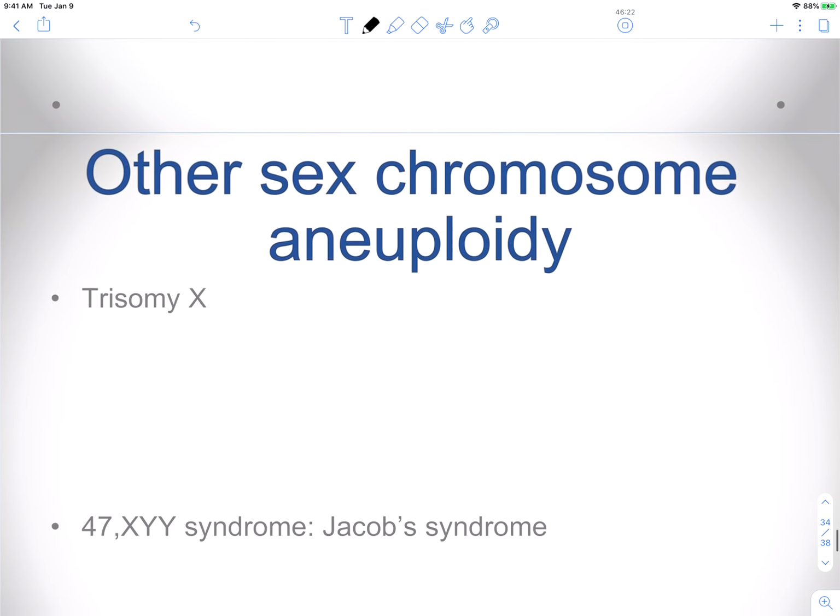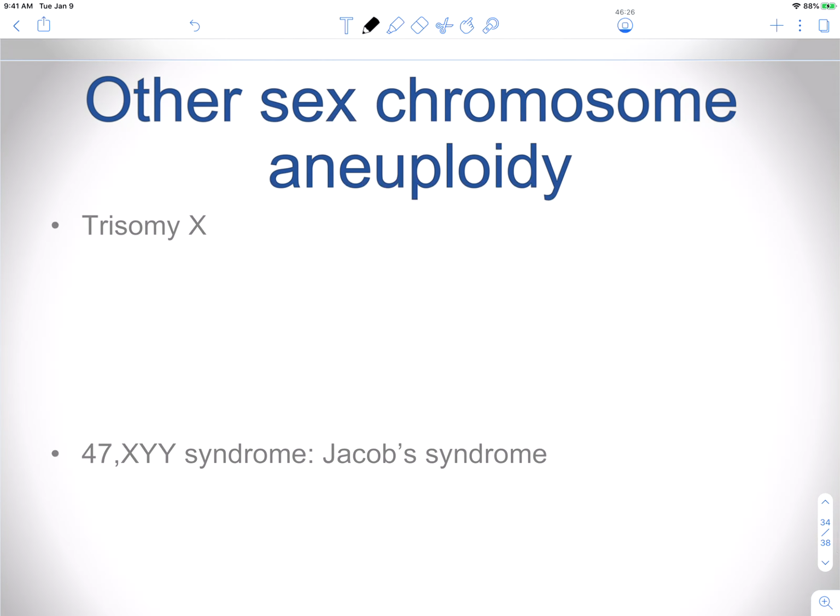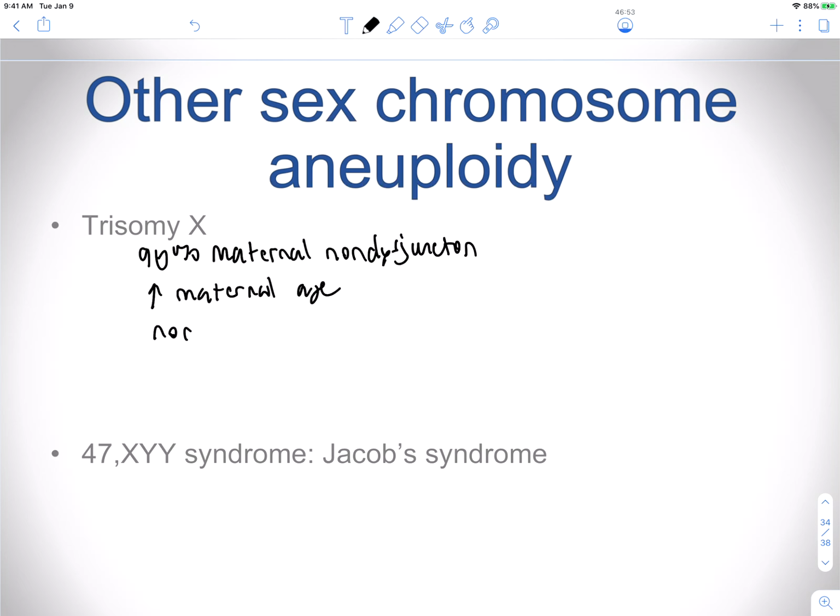All right, some other sex chromosome aneuploidy is trisomy X. This is going to be caused mostly by maternal non-disjunction, and this is, of course, associated with an increase in maternal age. These individuals will look normal physically.